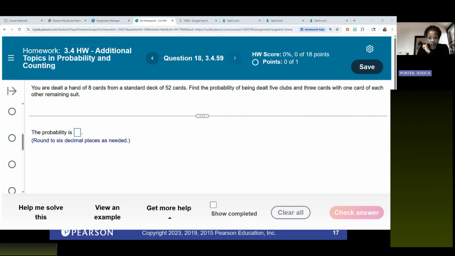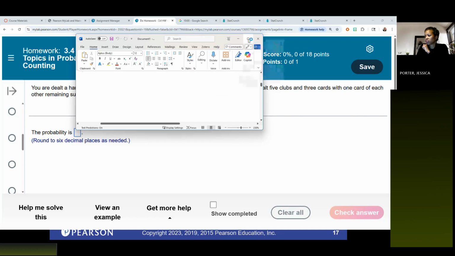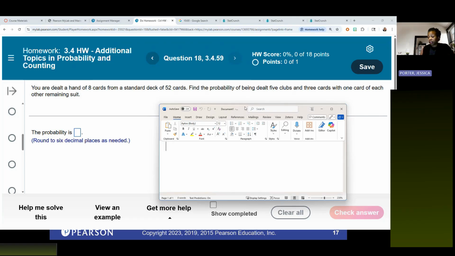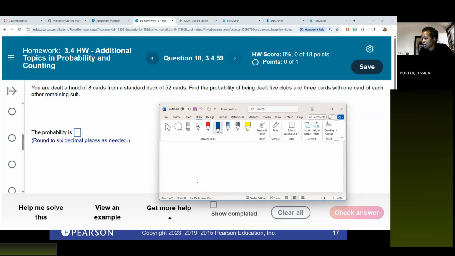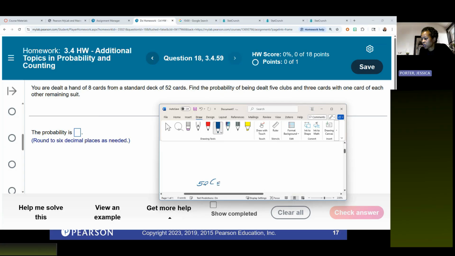Now, in total, you've got 52 and you're choosing 8 cards. So this is my denominator. 52 in combination with 8.